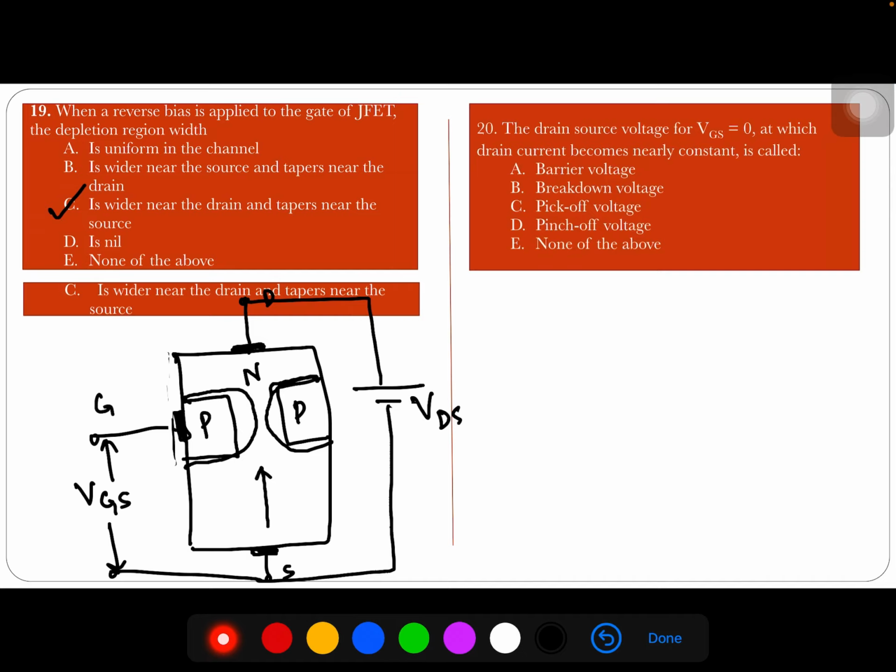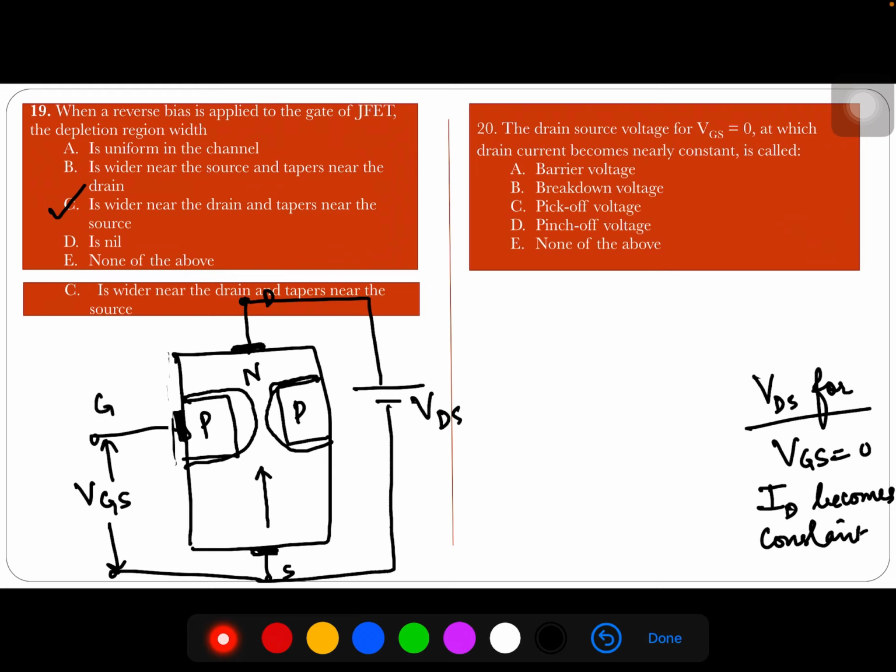Next question: the drain-source voltage, VDS, for VGS equal to 0, at which the drain current becomes nearly constant. That means ID becomes constant. This particular voltage of VDS is called the pinch-off voltage.